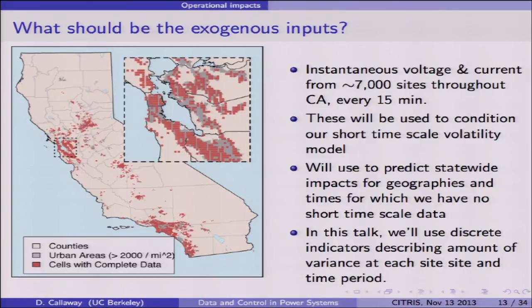The reason we want to do that is largely because when we take these small spatial scale models and try to extrapolate to the entire state of California what we think variability impacts would be, we can take our 15-minute data and use that as inputs into a simulation model to figure out statewide impacts.